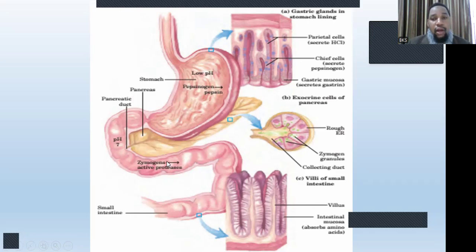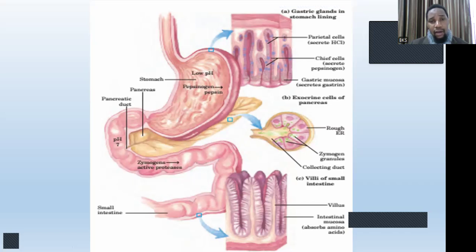So this zymogen will be activated by enteropeptidase, another enzyme that will be released at the same time to do that. So you will have the active trypsin and the active chymotrypsin, which also help in further breaking down the peptide fragments into much simpler fragments.